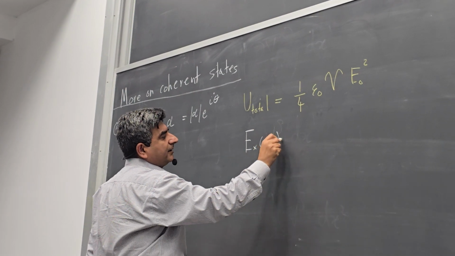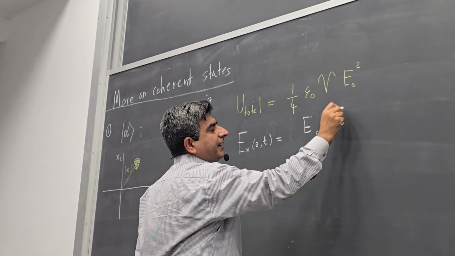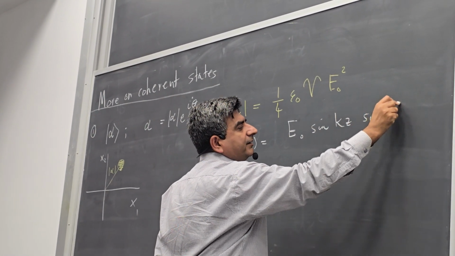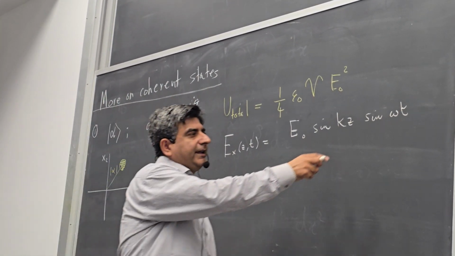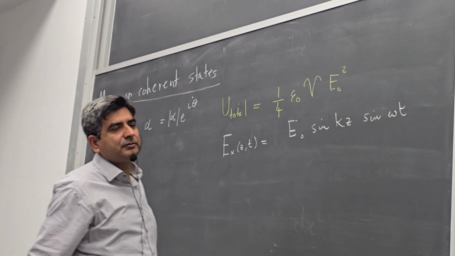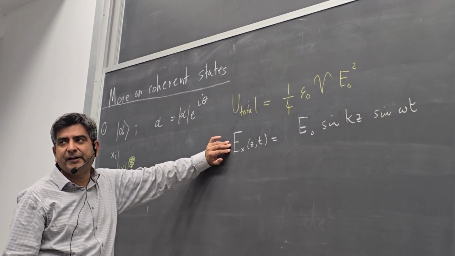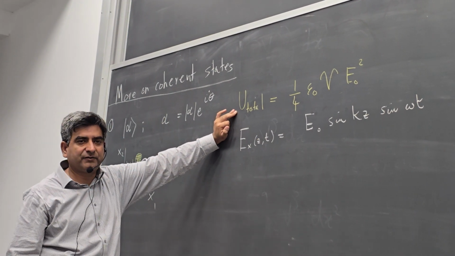is given by E naught sine kz sine omega t, where I have taken the phase in the electromagnetic field to be 0. Alright, so with this definition of Ex, the field trapped inside a cavity, this is the total energy that we have in front of us.